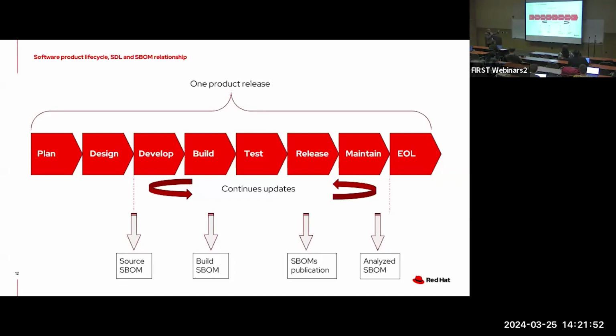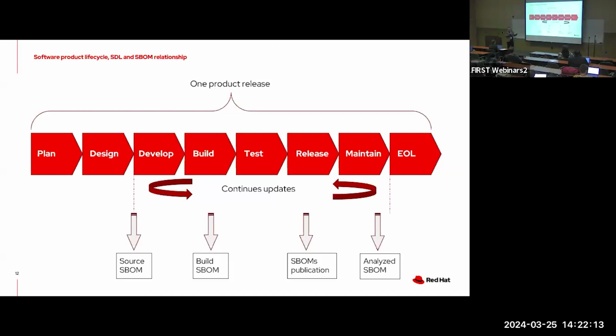During the develop phase, as you can see, this arrow is just at the beginning because at Red Hat, our design and develop phases are pretty close together. During the develop, we produce the source SBOM. Between develop and maintenance, we have regular continuous updates.